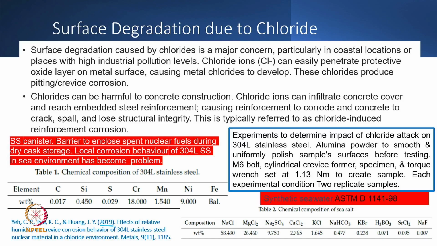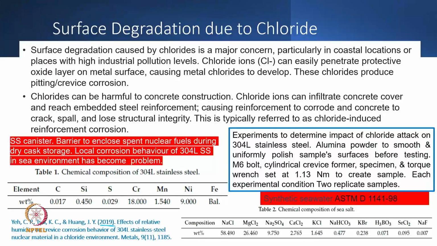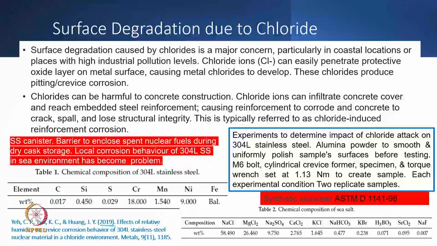People say localized corrosion, and we say no, instead of localized corrosion, we should divide into pitting corrosion and crevice corrosion. So, this case study is related to crevice corrosion, and what will be the effect of crevice corrosion on stainless steel, with the grade 304L stainless steel.